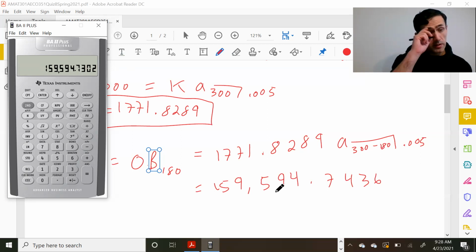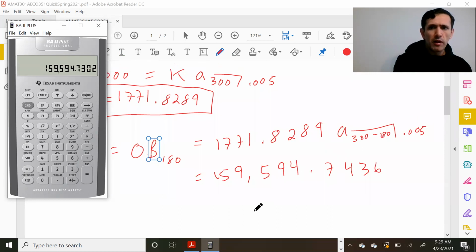Just rounding, we're off by a penny. So if you use different formulas, you may be off by a penny, maybe two, heaven forbid 3. And this is just the formula, 300 minus 180, so that's why I plugged in 120.